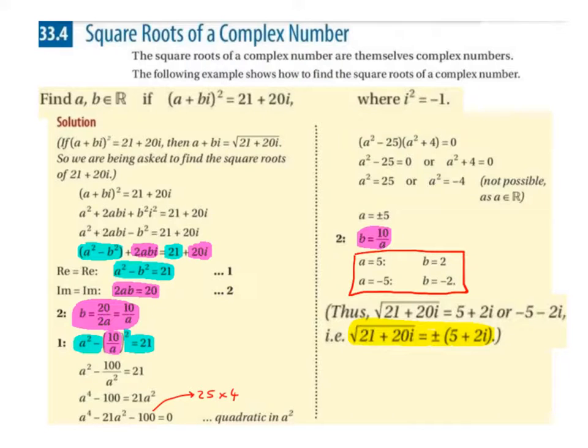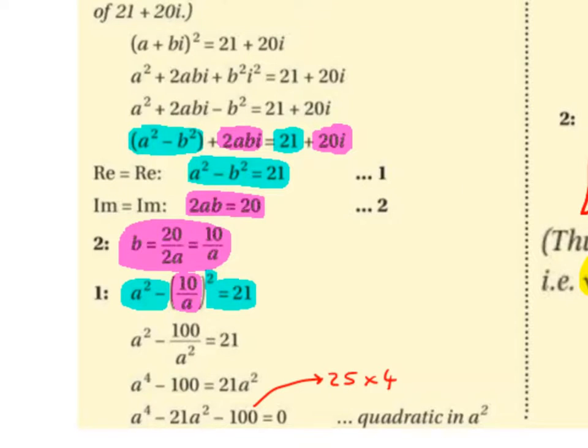So (a + bi) multiplied by (a + bi) will give us a² + 2abi + b²i², and that's still equal to 21 + 20i. i² becomes -1, so it becomes b² multiplied by -1, which gives us -b². Next, on the left hand side of the equal sign, we put the real parts together and the imaginary parts together.